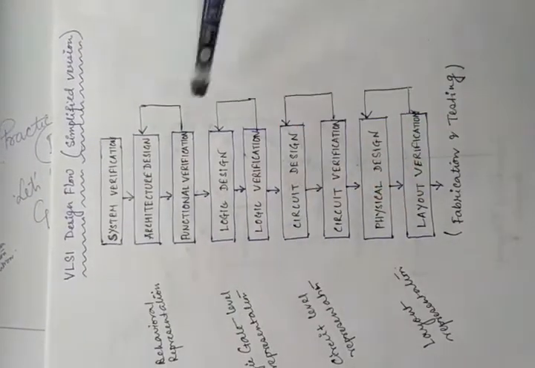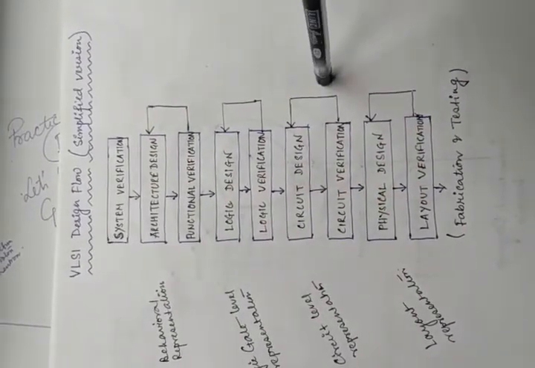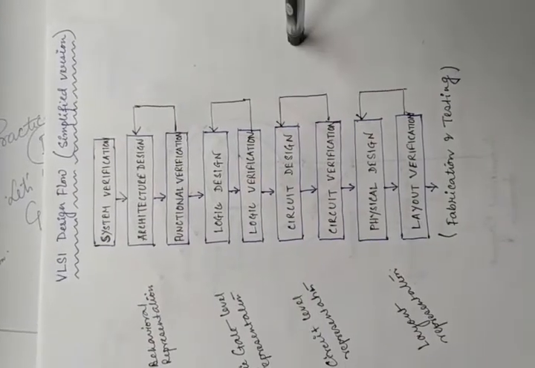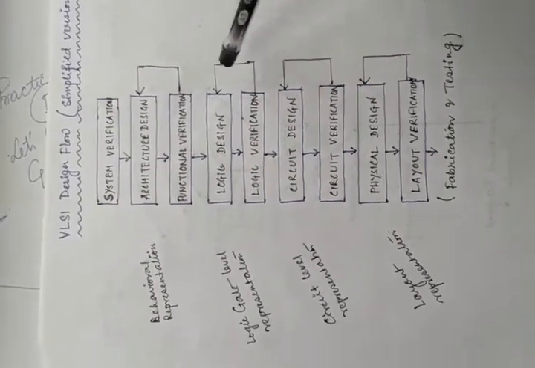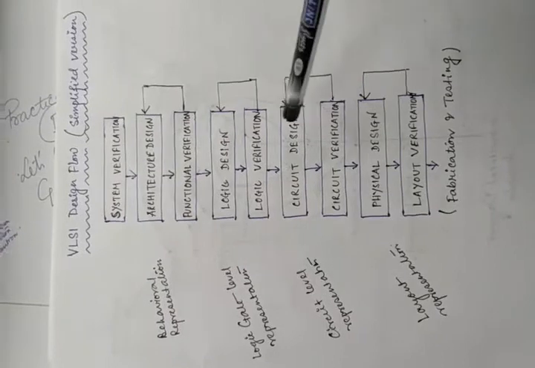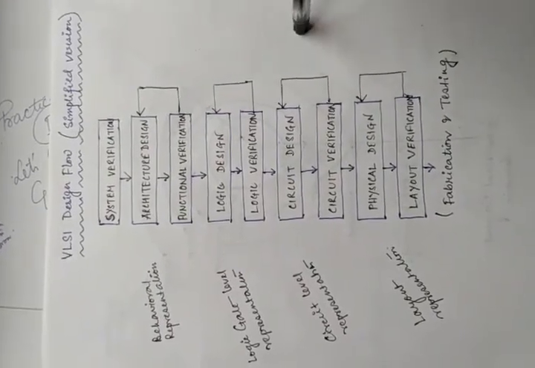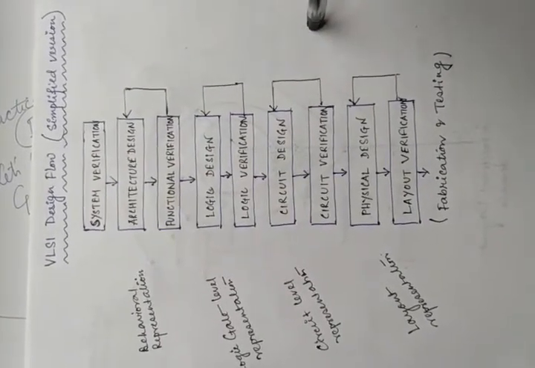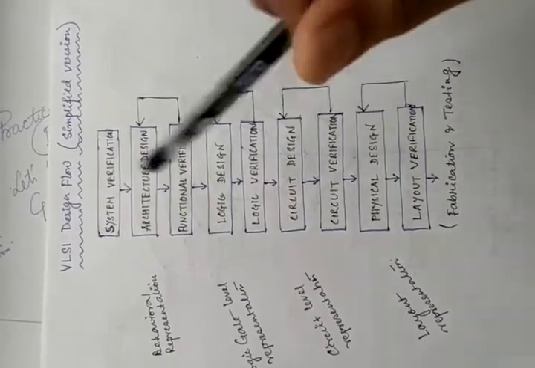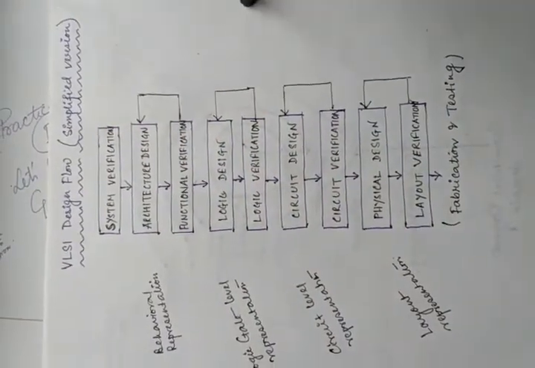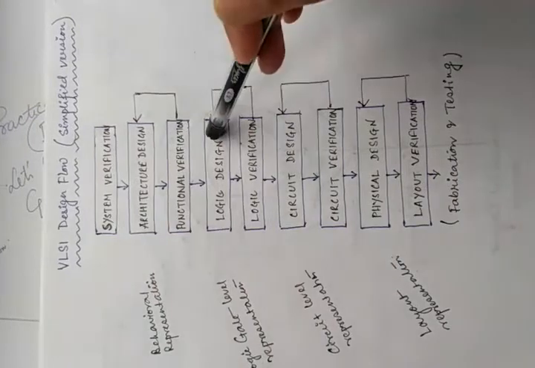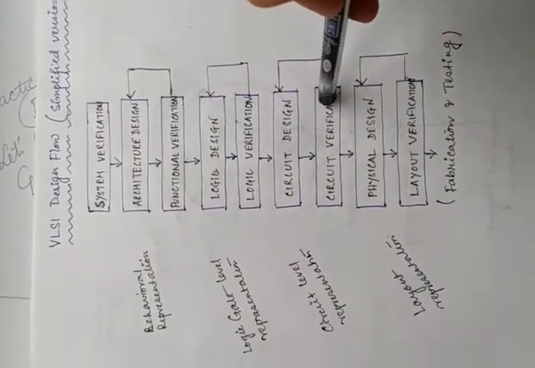These are the software used in the industry before fabrication. All these verifications are run in software, and after that we go for simulation, then result analysis, meaning output analysis and waveform checking. If it is all clear, then we will go for fabrication. So this is all about your logical design, circuit design, and circuit verification, right?